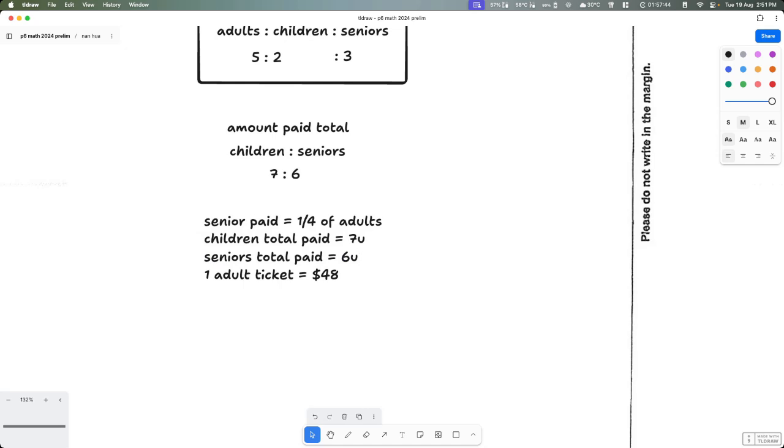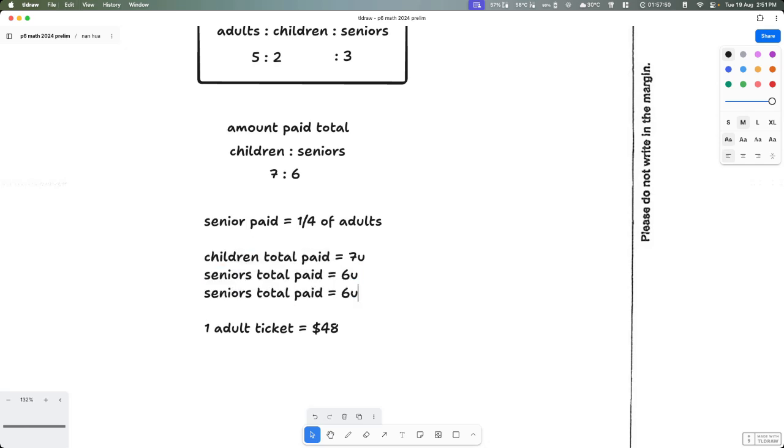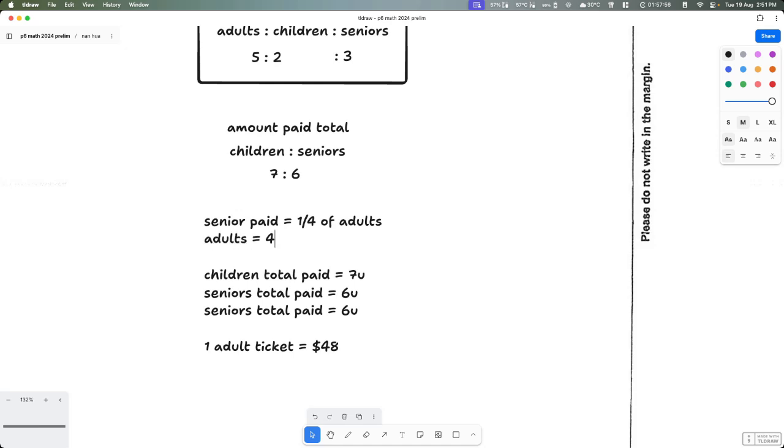And then we can get adults, right? In this case, since senior paid is one quarter, that means adults is 4 times senior. So for these adults, total paid is equal to 6 times 4, which is 24 units.